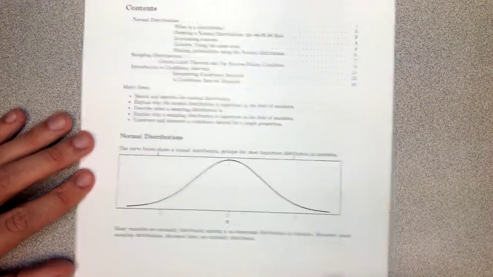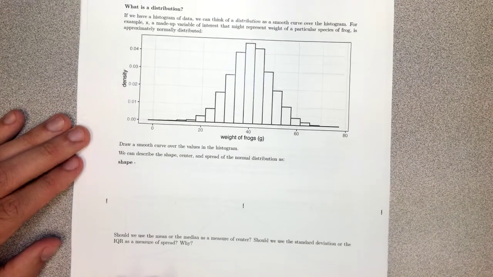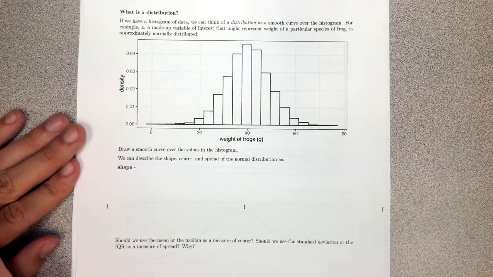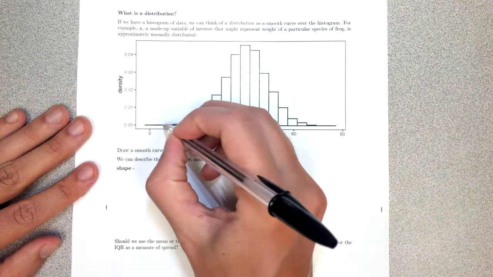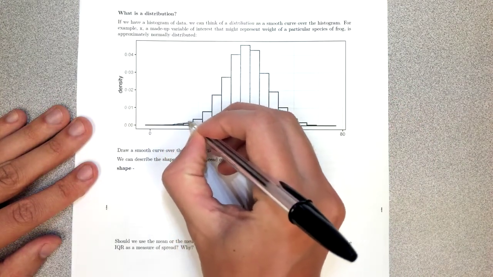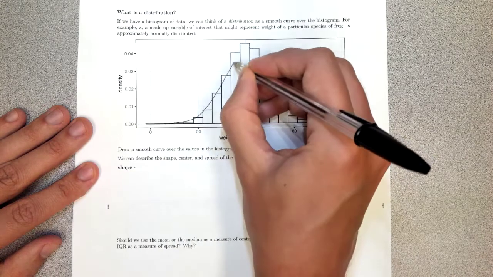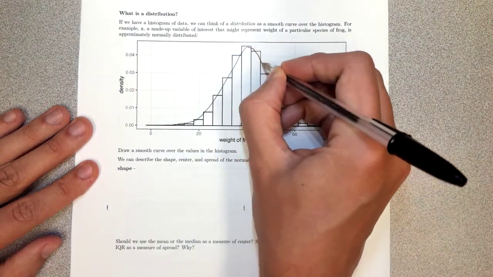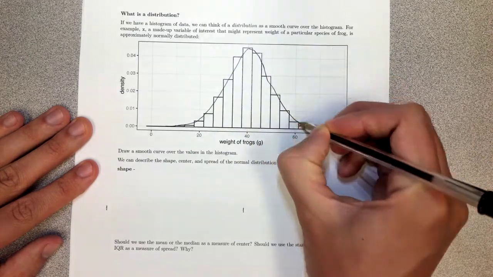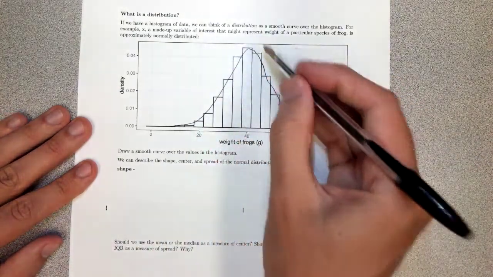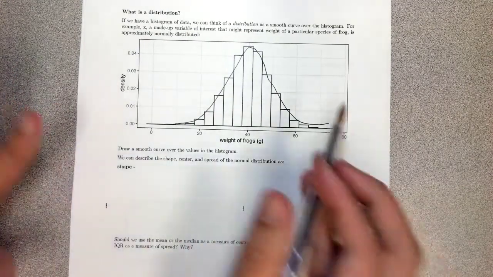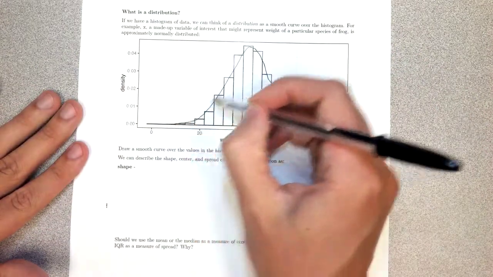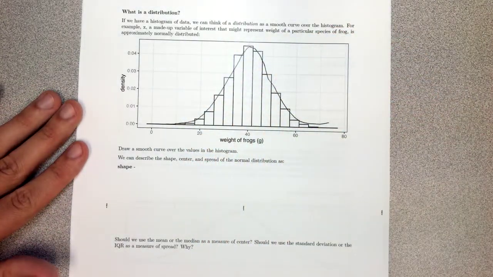Okay, so we could start by answering a little bit more explicitly what a distribution is. You could think about a distribution as just being a smooth curve through a histogram. It's not exactly technically correct, but you could almost interchange the histogram and this distribution. They really mean the same thing.